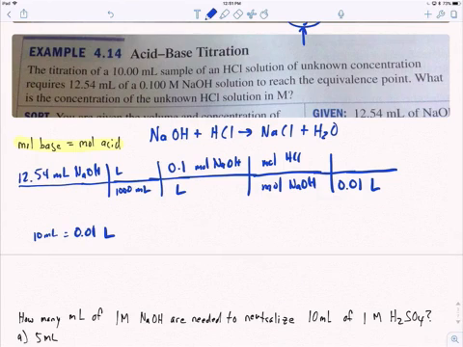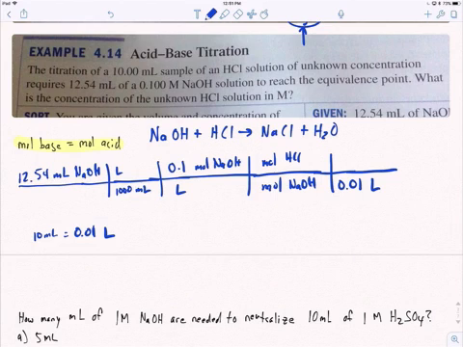All right, so we're doing the dimensional analysis. 12.54 milliliters of sodium hydroxide, that's given. And we have a concentration in molarity, M. Capital M means moles per liter. So we convert milliliters to liters. So right here now we have moles of sodium hydroxide.